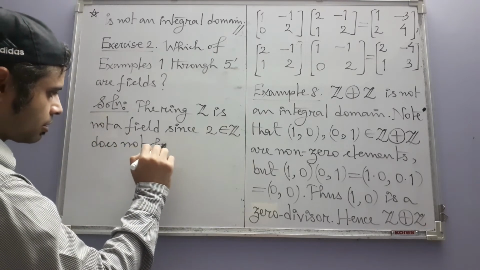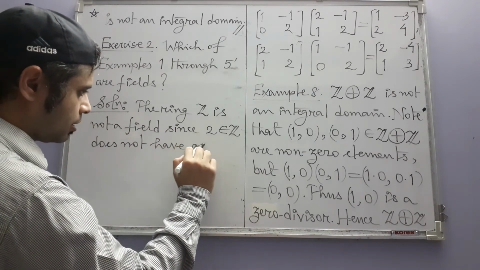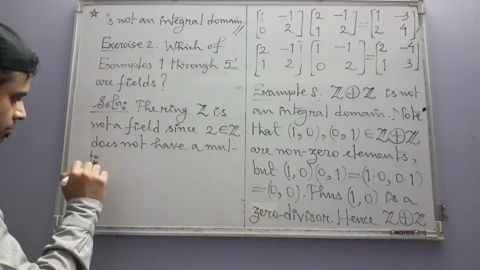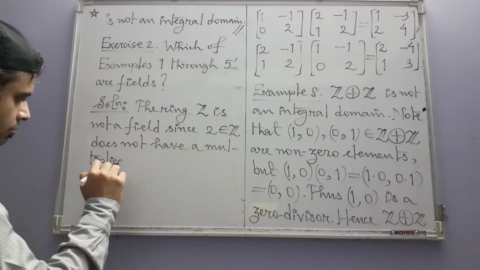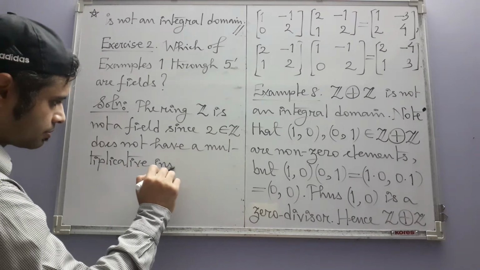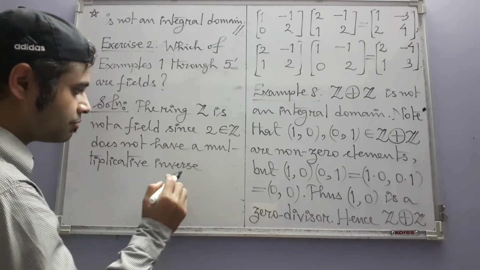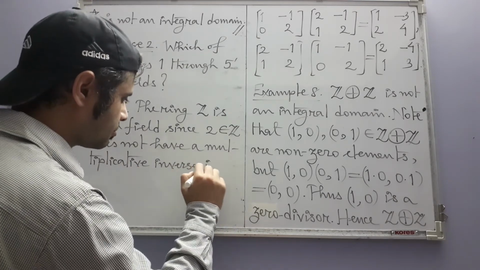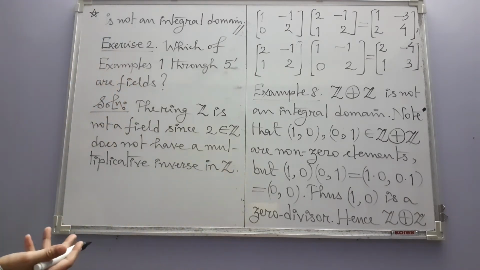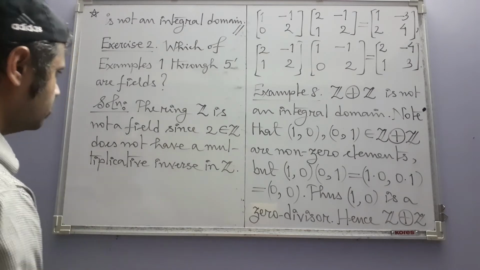This does not have a multiplicative inverse. Multiplicative inverse where? In the ring. In the system of real numbers, it has the multiplicative inverse 1 over 2.